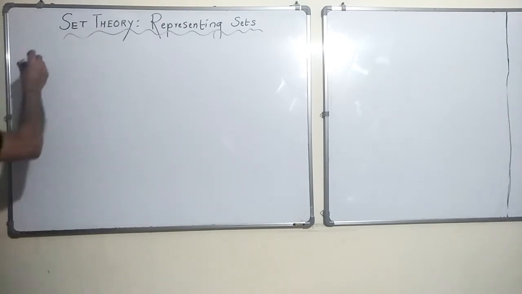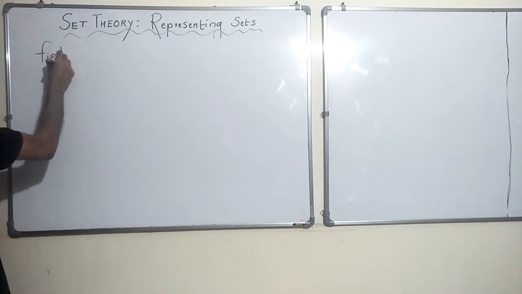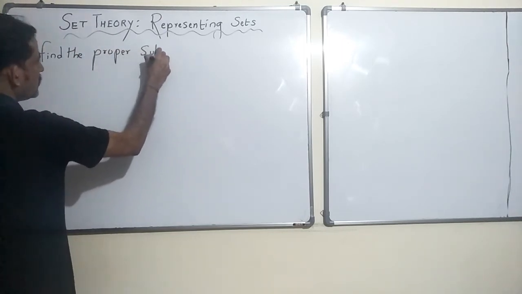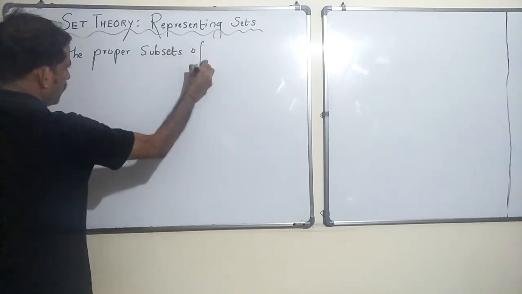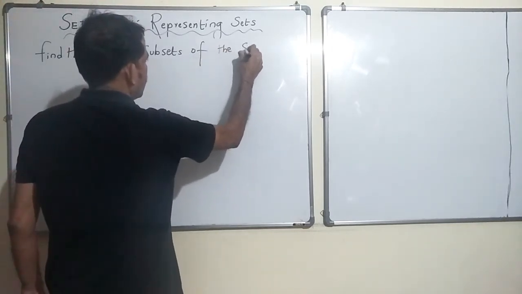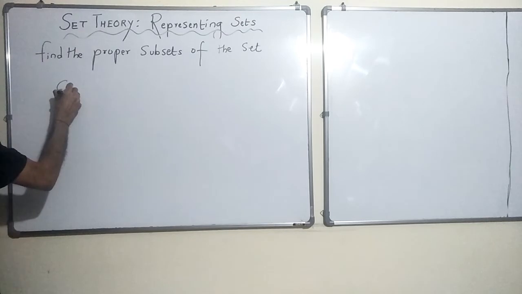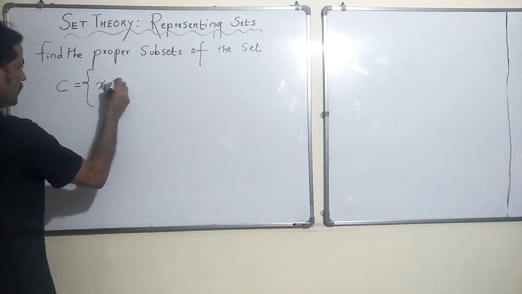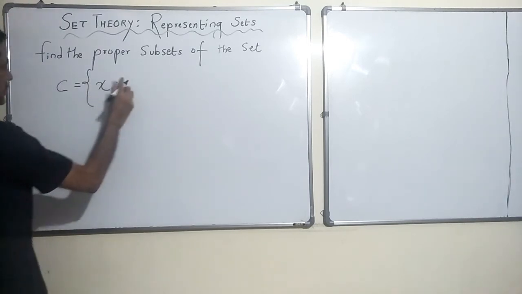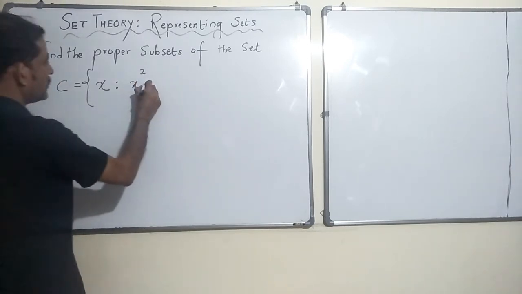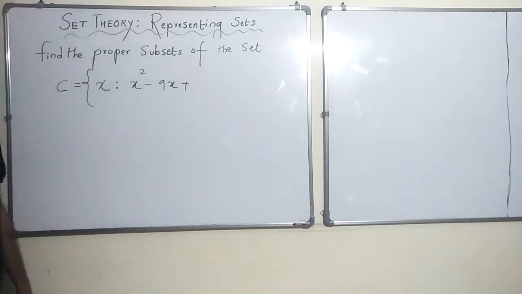Find the proper subsets of the set C. So this is in the rule method. So C is a set of x such that x square minus 9x plus 20 is equal to 0.